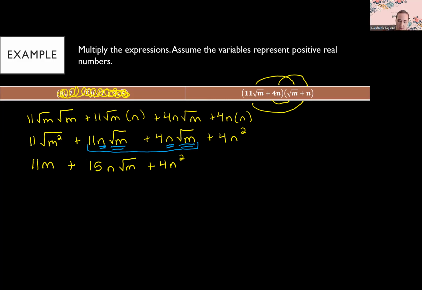I've got a 15n square root of m. So there's nothing else with square root, so I can't add that to anything. And then I have an n squared, and there's nothing else with n squared. So that can't be added to anything either. So this ends up being your final answer, which yes, it does look kind of messy, but this is considered simplified.